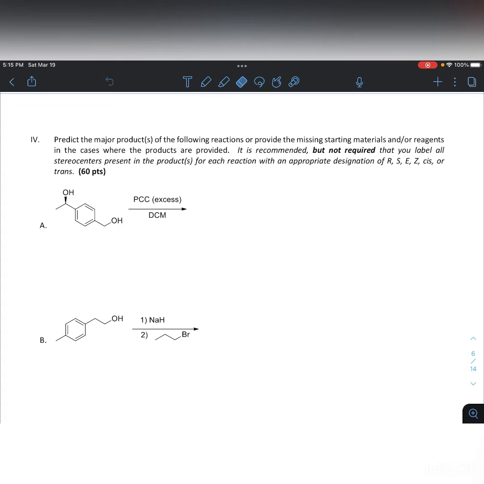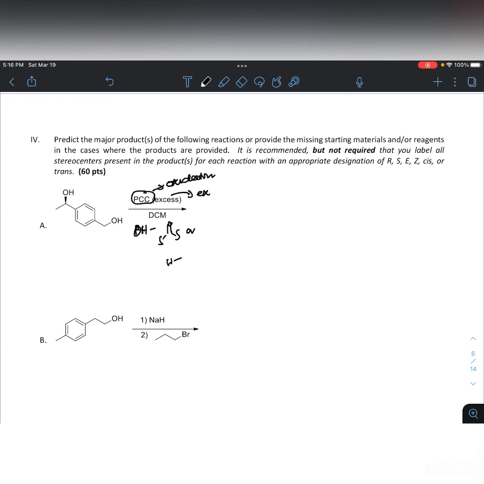So starting with A, I see that there's PCC. This is basically oxidation. And the fact that this is in excess means that you might oxidize something more. So PCC basically oxidizes alcohols, in this case, to ketones or aldehydes.